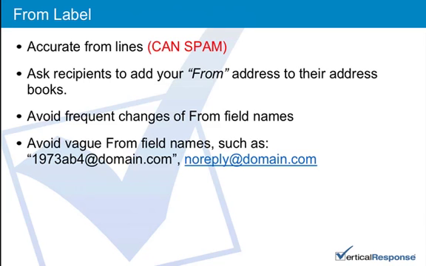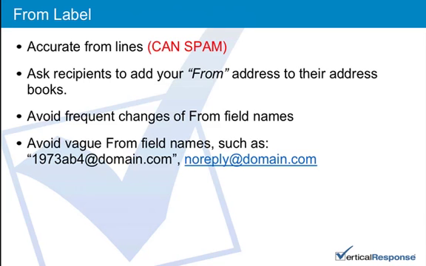You want to also avoid changing the from field name that you use. So if it's your company name, keep it as your company name and don't change it. And that's for a couple of reasons. One, your recipients start getting an email from that from address, and that's what they start expecting it to be. And so they'll open it because they know what it is. If you change your from label, they're not going to know who's sending it, and so you could see your open rate drop.